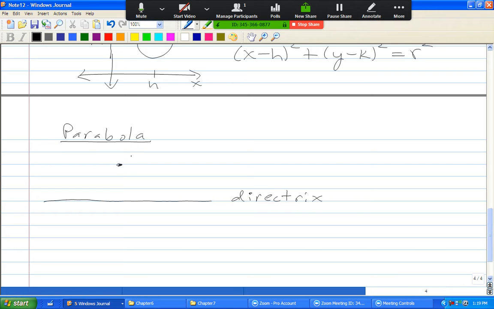Draw a point. I'll call this point the focus. A parabola is the locus of all points equidistant from a fixed point called the focus, and a line called the directrix.